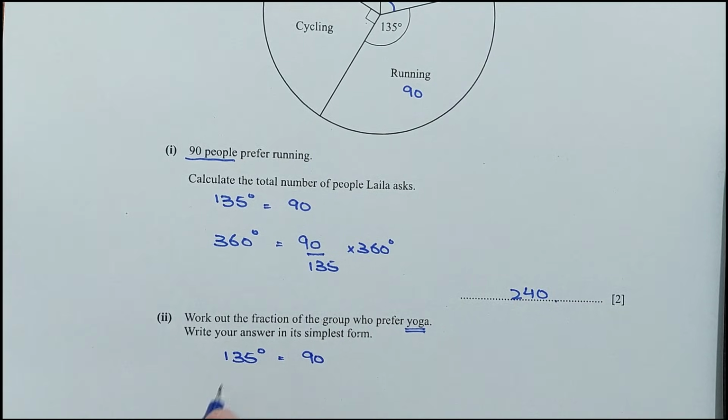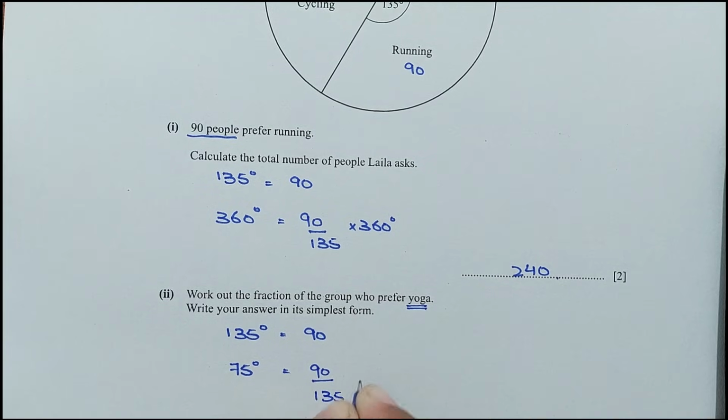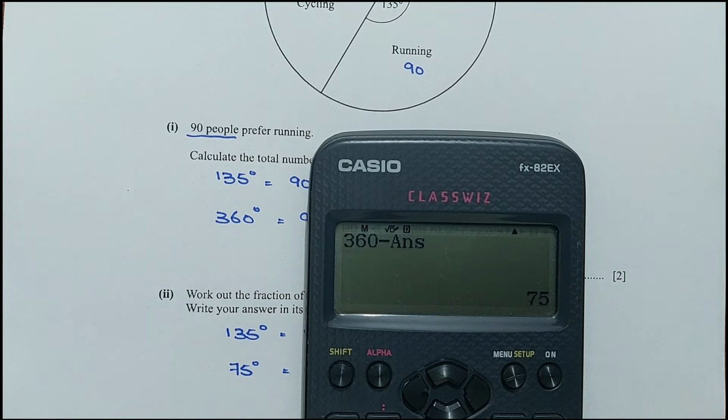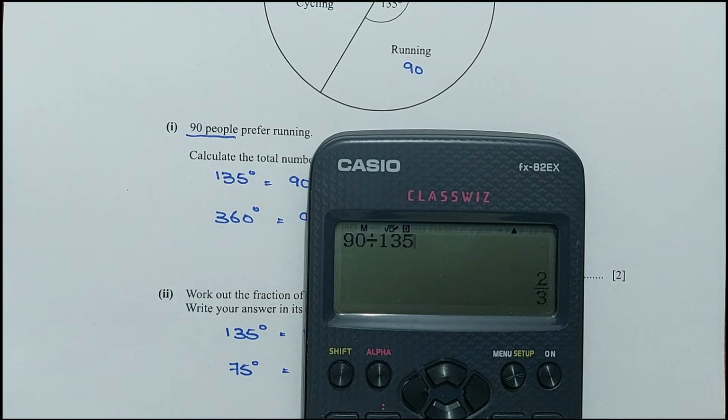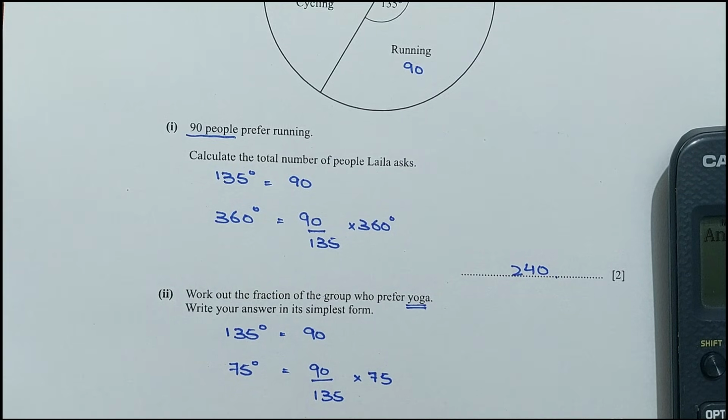So what about 75 degrees? 90 out of 135 times 75 gives 50 people who prefer yoga.